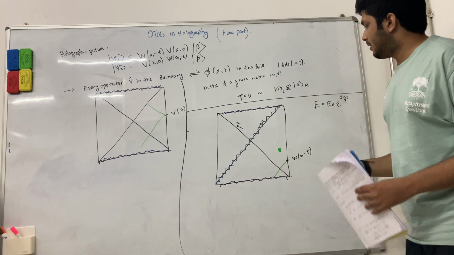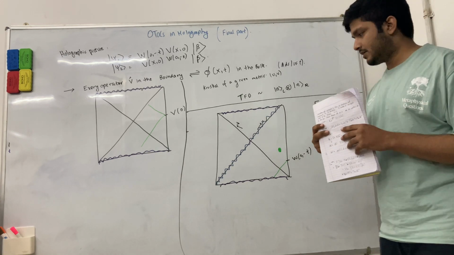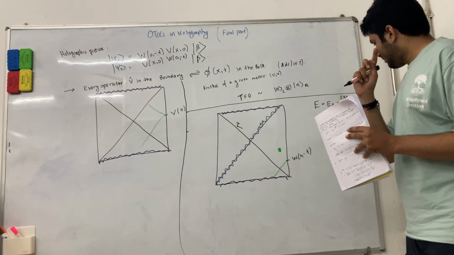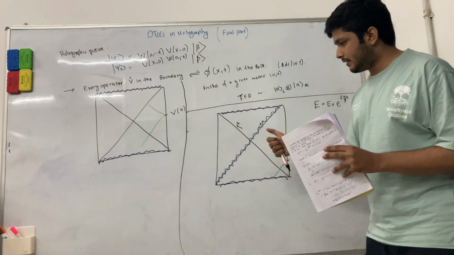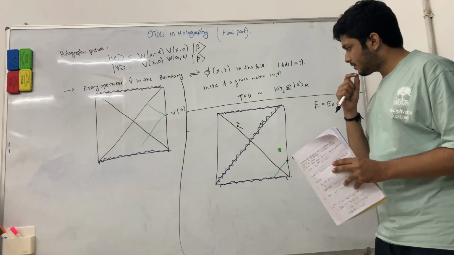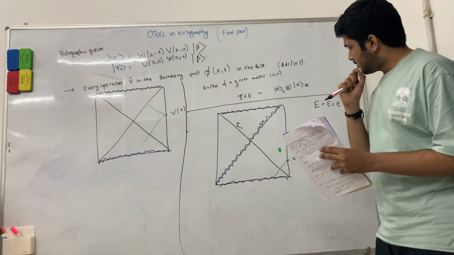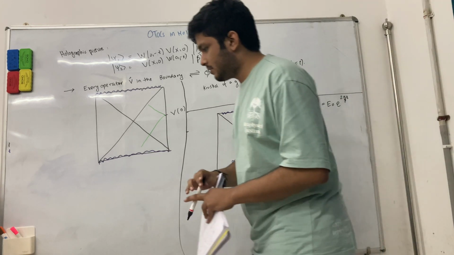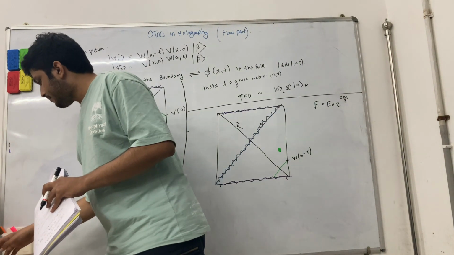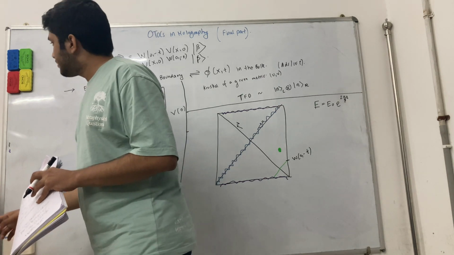Okay, so now I have a significant effect in my stress tensor. No, I think we are dealing with this, right? So the shock would have been on the other line. That's true.